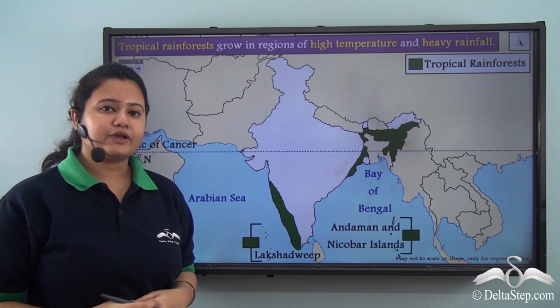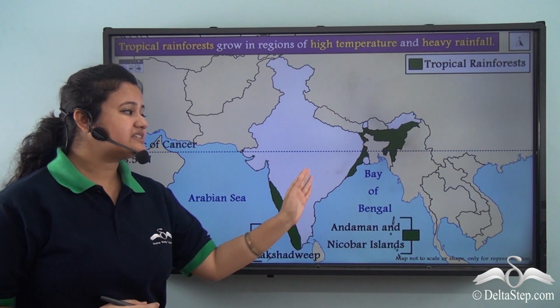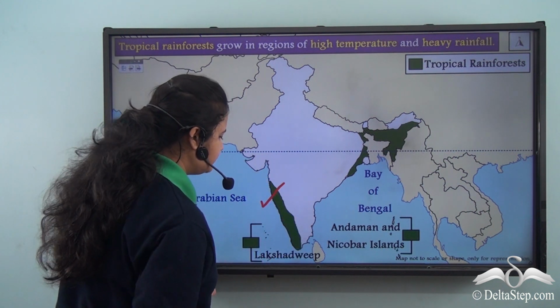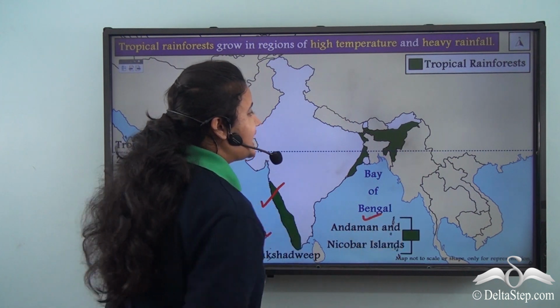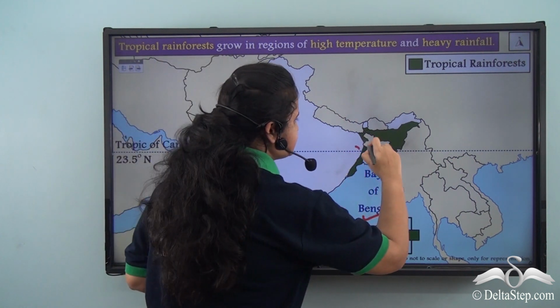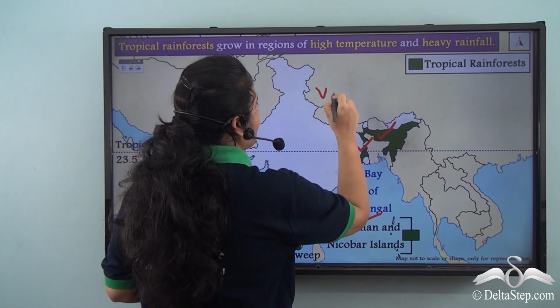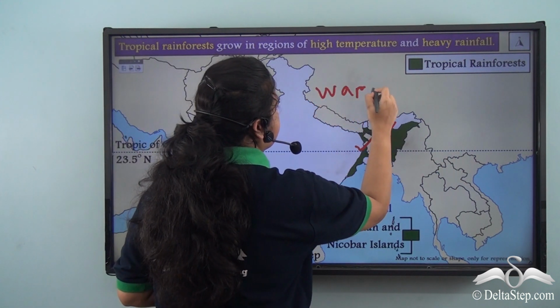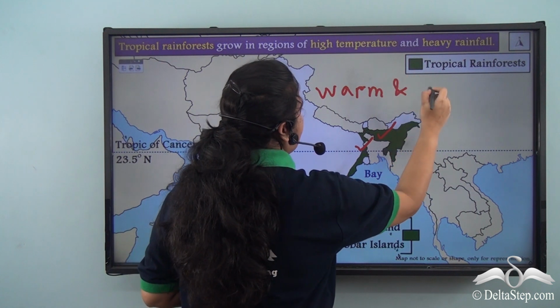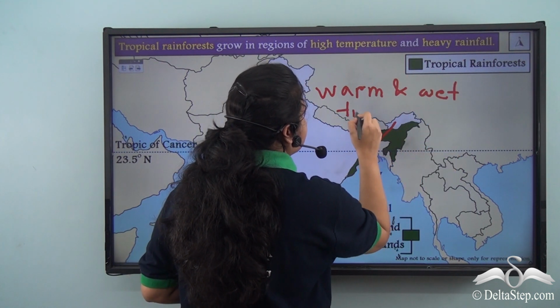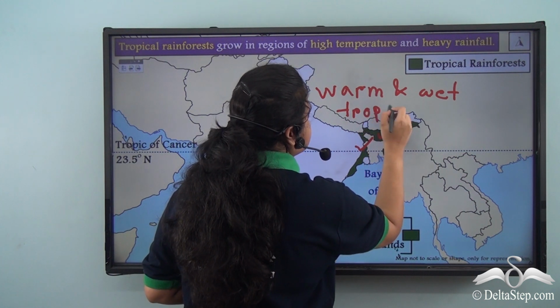Well, this is because if you remember, these regions of India, that is the western coastal plains, the islands and some parts of east and northeast India, experience warm and wet tropical climate.